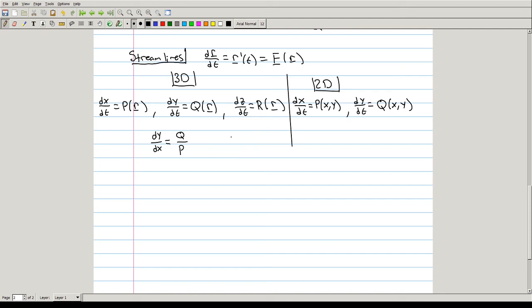So dy dx is q over p, and dz dx will be r over p, and therefore rewriting these equations, we get that dy over q is equal to dx over p, and from this equation we have that dx over p is the same thing as dz over r.